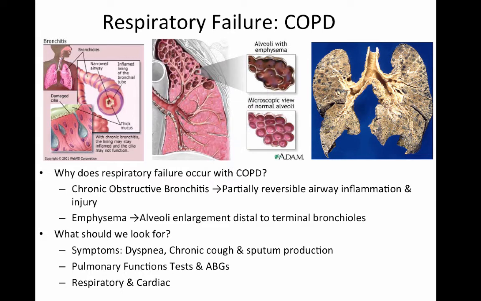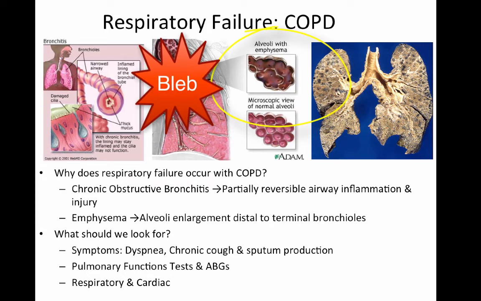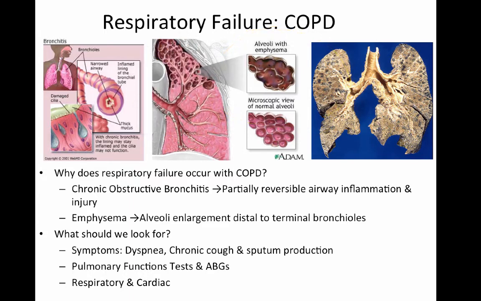The lung tissue itself, from the same inflammatory mediators, gets destroyed, and you wind up with overdistended alveoli at the end. So the overdistended alveoli look something like an overinflated balloon. This is what's called a bleb, and so there's a loss of elastin as the supporting wall structures get destroyed. Air goes into the lungs easily, but it gets trapped there because of this decrease in elastic recoil.